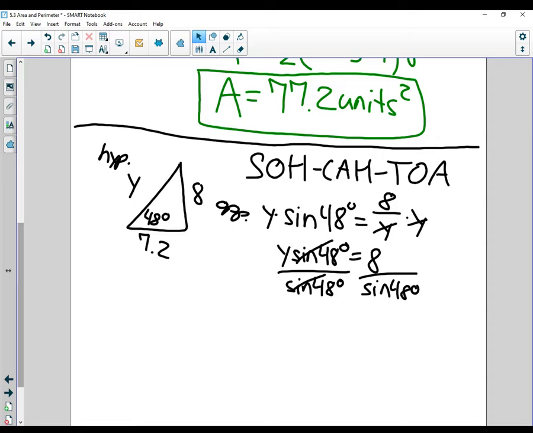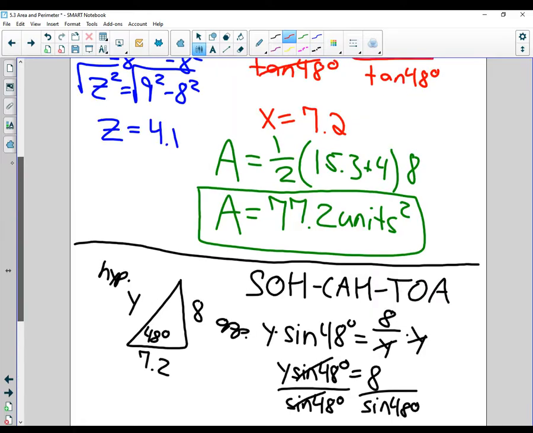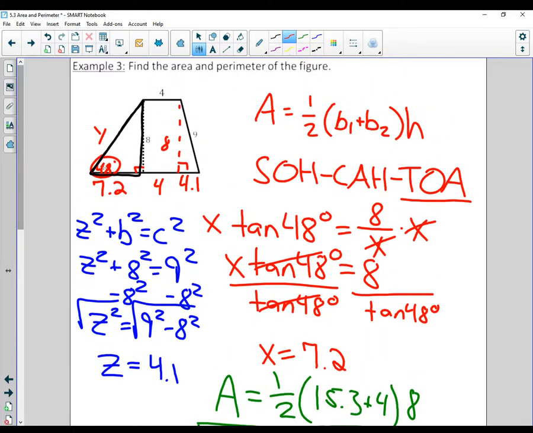And just punch it into a calculator. 10.8. So if I go up here, I just said y is 10.8. Now I have to find the perimeter.